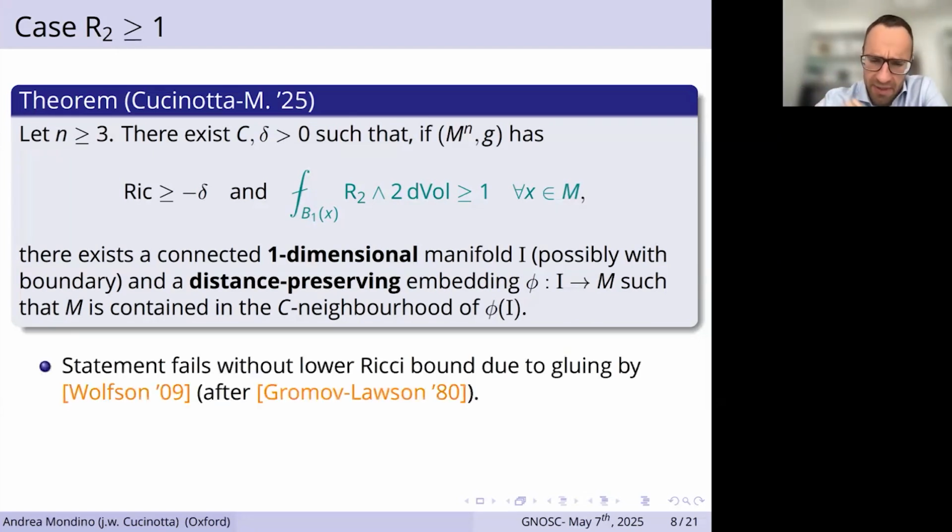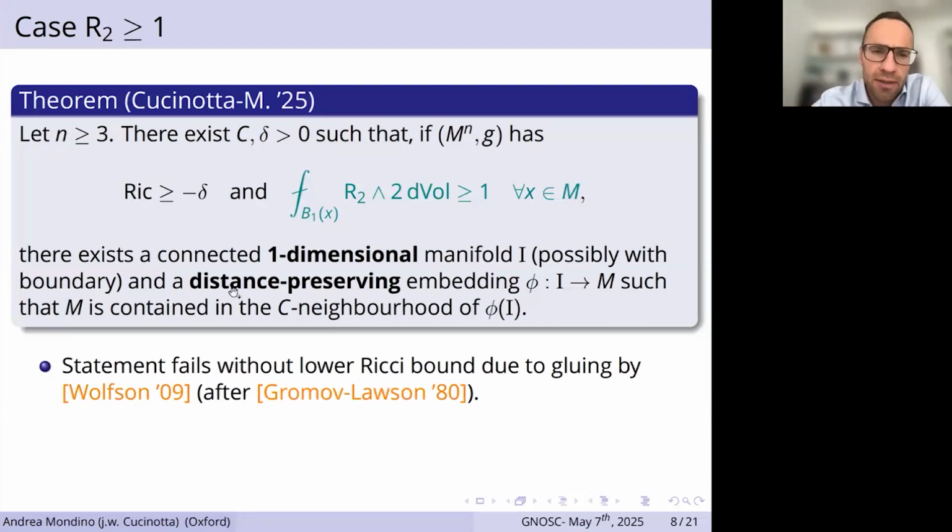Now let me stress that the statement fails without the lower bound on the Ricci. One could ask, is this lower bound on the Ricci really needed? Yes, because one can do some gluing, following a construction by Wolfson, which builds on top of the celebrated gluing construction for scalar curvature by Gromov and Lawson.